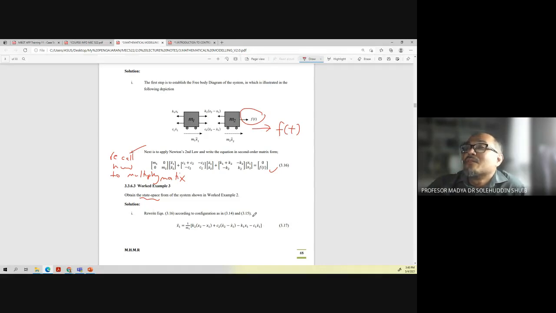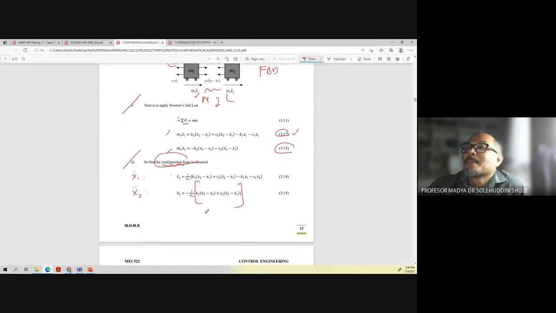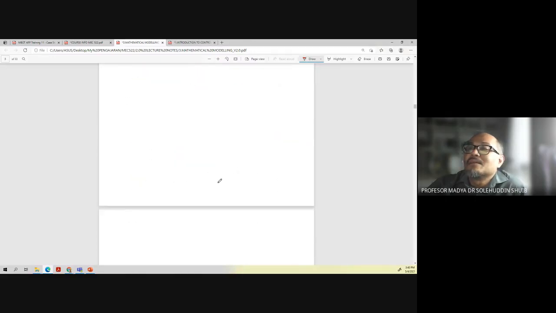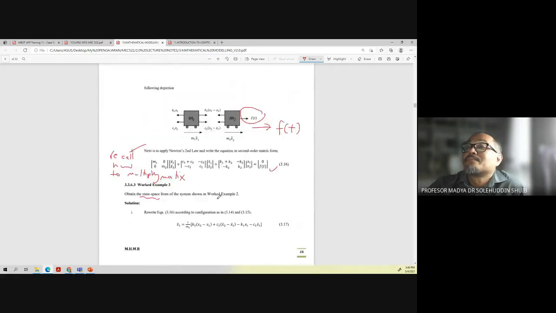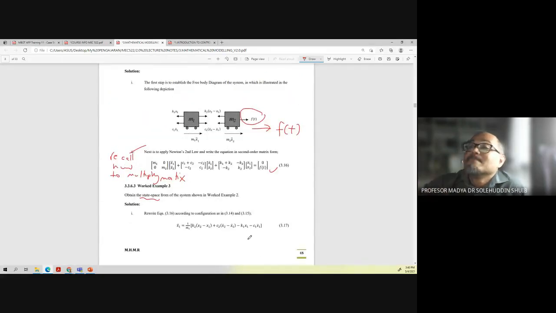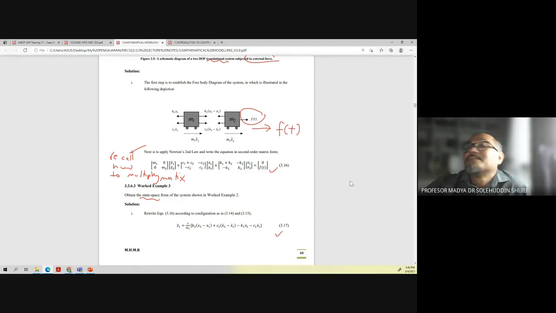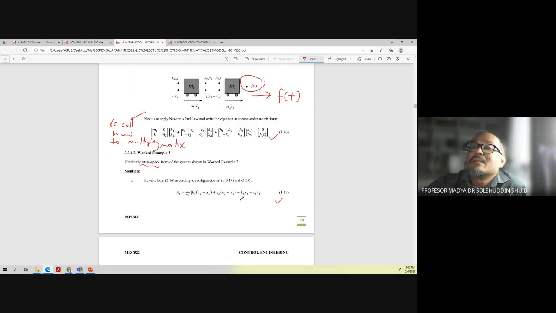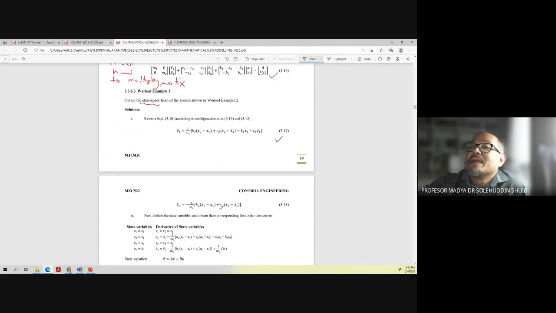We want to write in this form. So you multiply all of this, you get x double dot 1, and you divide by m1. So you get 3.17. Same thing for x double dot 2, you divide by m2 and put everything in parentheses.